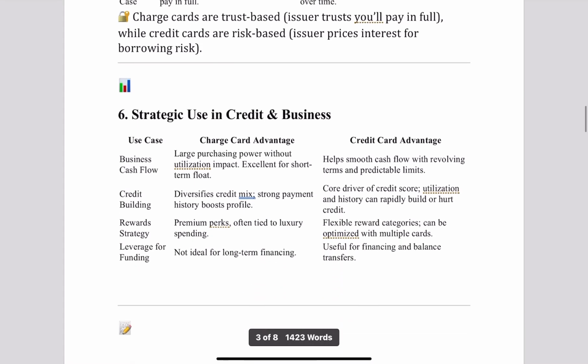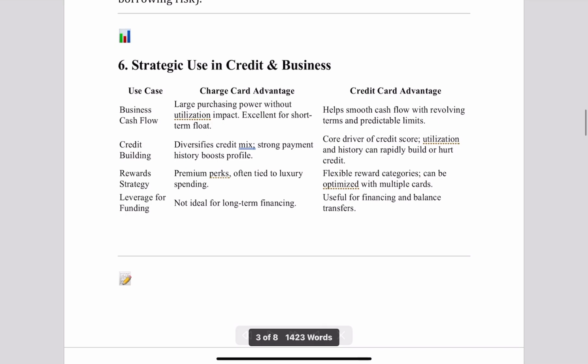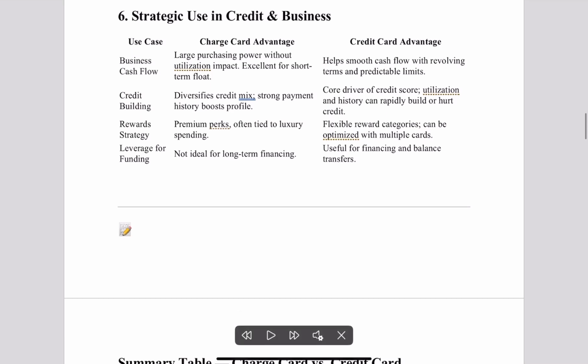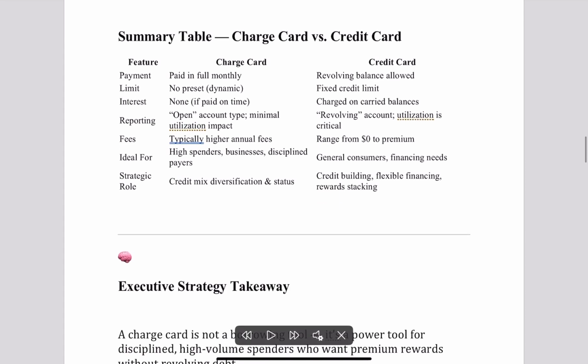Number 6, strategic use in credit and in business. And then we have, last but not least, a summary table. Charge cards versus credit cards. We have the payment, the limit, the interest, the reporting, fees, what it's ideal for, and the strategic role.